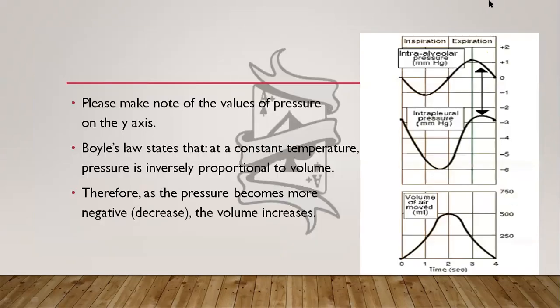Great. So graphs, we love graphs. As I've explained, this is intra-alveolar pressure, right? We know that when we're neither breathing in nor out, it's going to stand at 0, right? 0 millimeters of mercury.